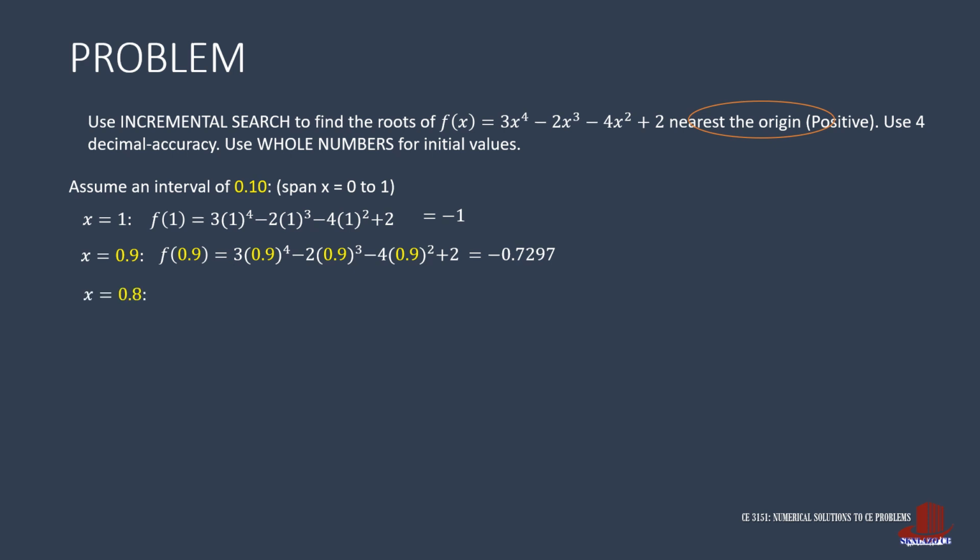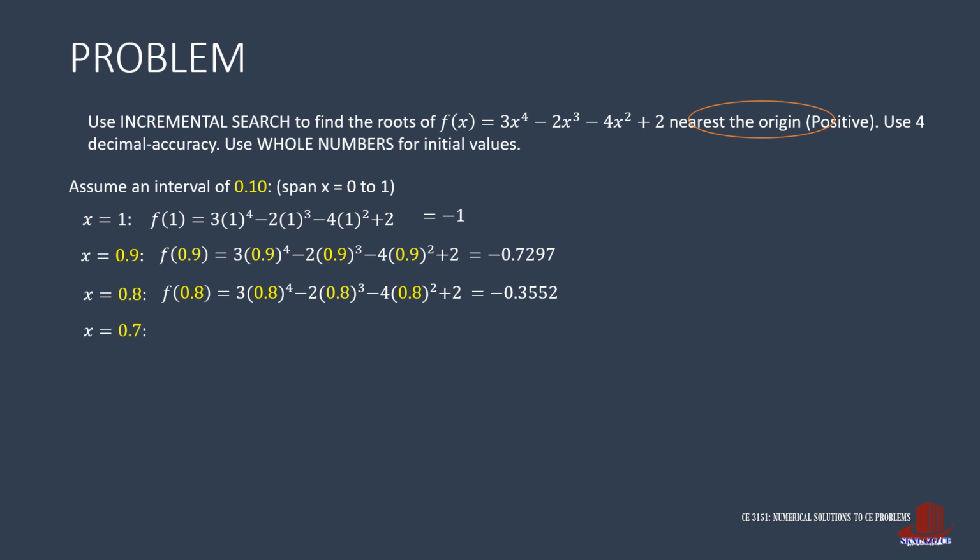We go another increment lower at x equal to 0.8. So the function is now 3 of 0.8 raised to 4 minus twice of 0.8 cubed minus 4 of 0.8 squared, then add 2, to get negative 0.3552. This shows progress as we are reaching 0.